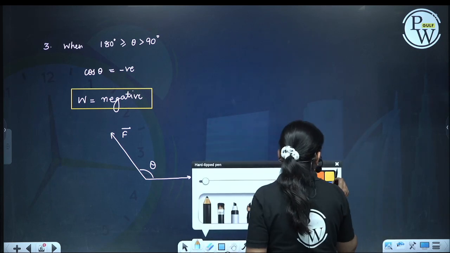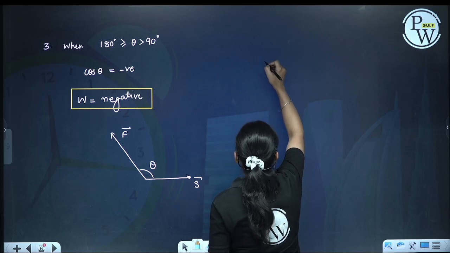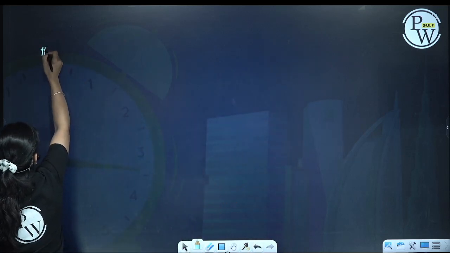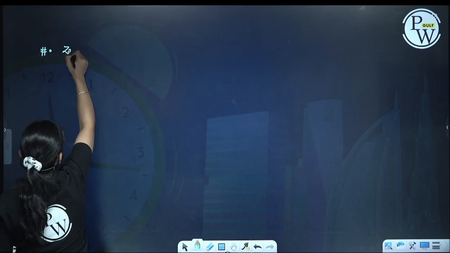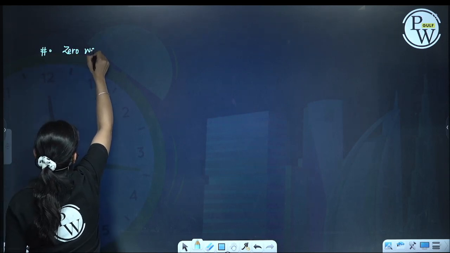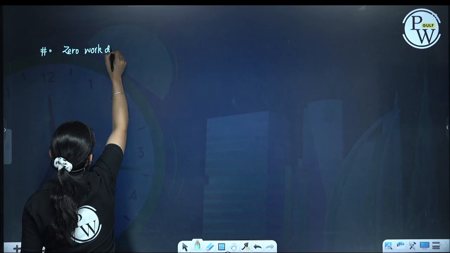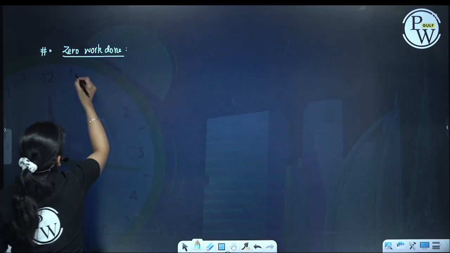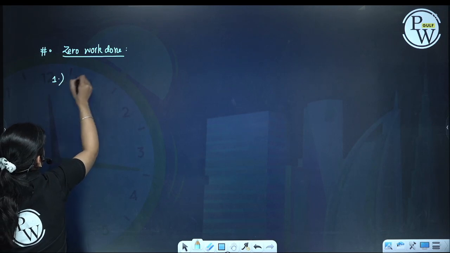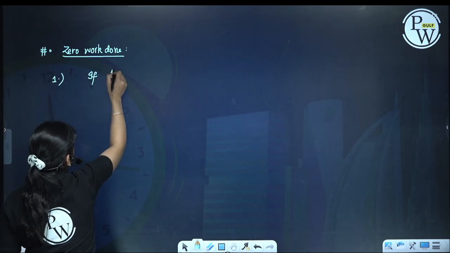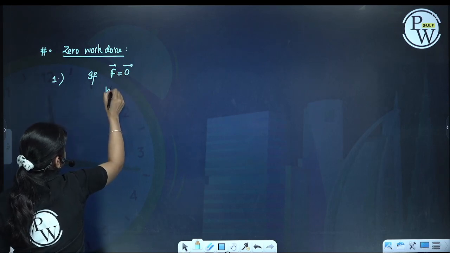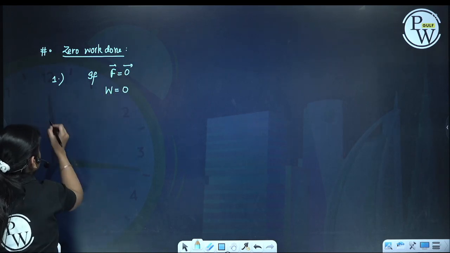Now let us see 0 work done. Conditions for 0 work done. In which cases can we have 0 work being done by a force? First case, if F is equal to 0, then work done will be 0.